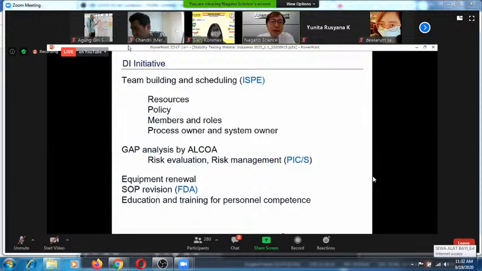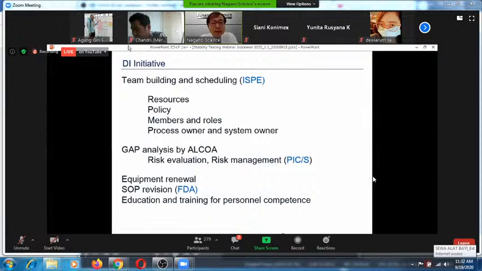Okay, to start data integrity, we have to have a team. The people related should form a team and make sure there are resources, policy, members, roles, process owner and system owner.